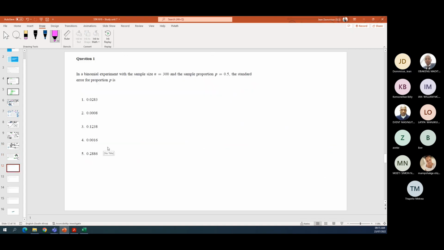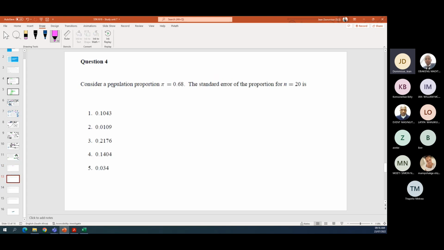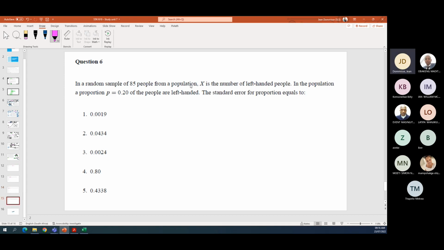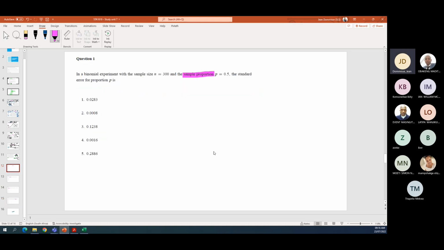So now the second part of study unit 7 is proportions. Okay, and in all of the questions, they need to tell you if you're working with a mean or if you're working with a proportion. Otherwise, one can make the assumption that you can just work with a mean.